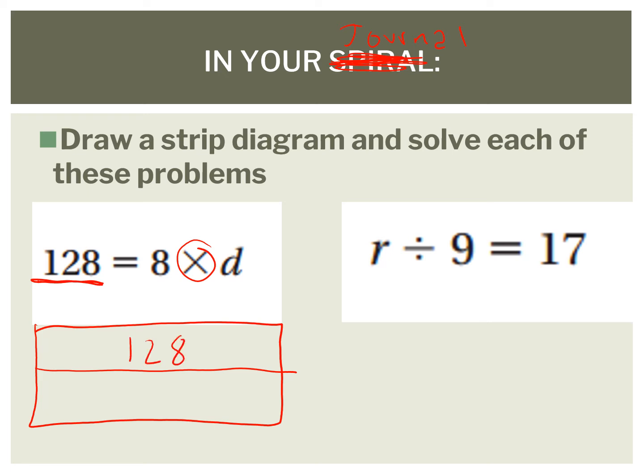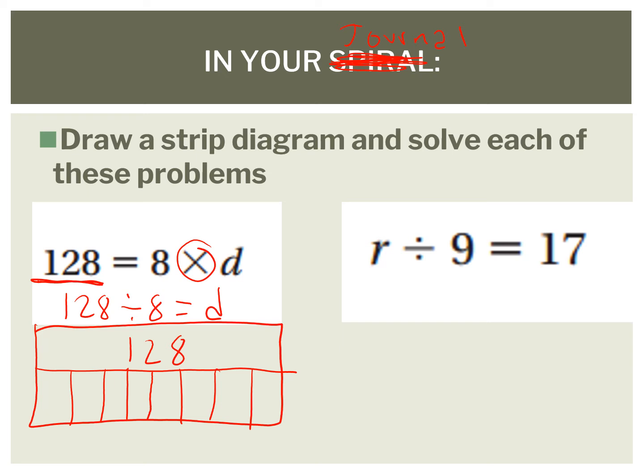I know that I have 8 strips. What I don't know is how much is on each strip. So I need to know 8 times what equals D. And I can find that by doing the opposite operation. 128 divided by 8 equals D.